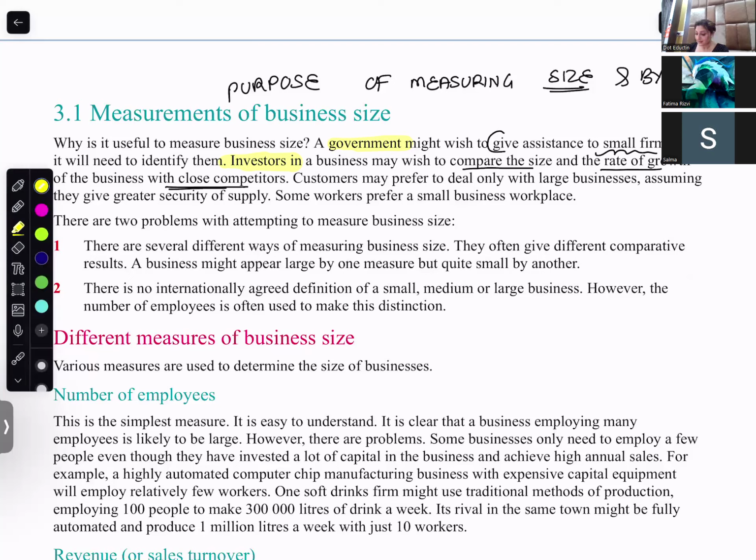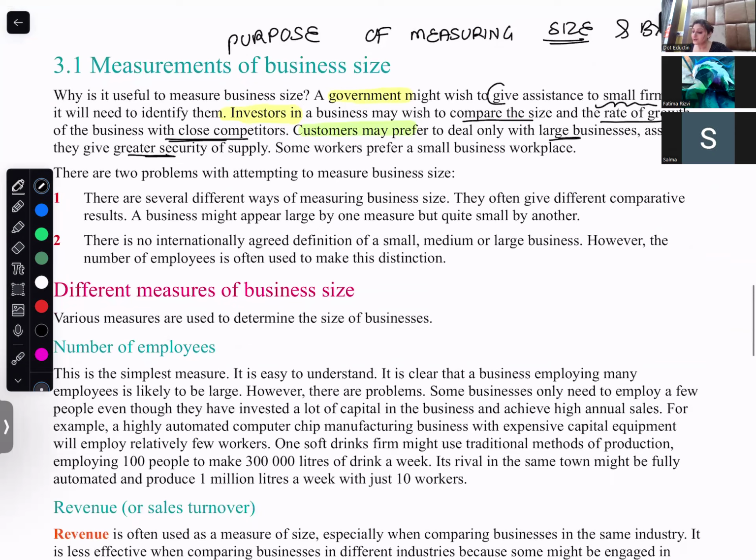Your customers might want to know the size of the business because they might want to deal only with large businesses because they have greater security. If I have to choose between a large company and a small company, I would go to a large company because there is better security. Correct? So customers might want to deal with large businesses.